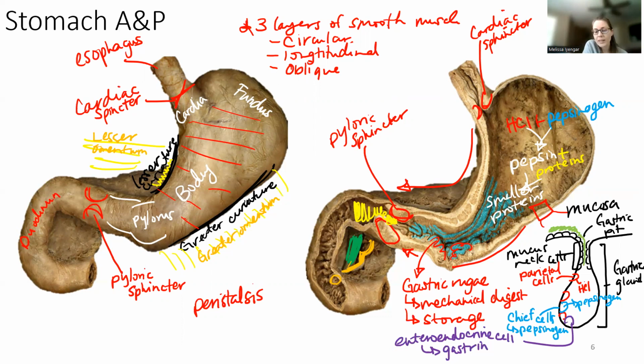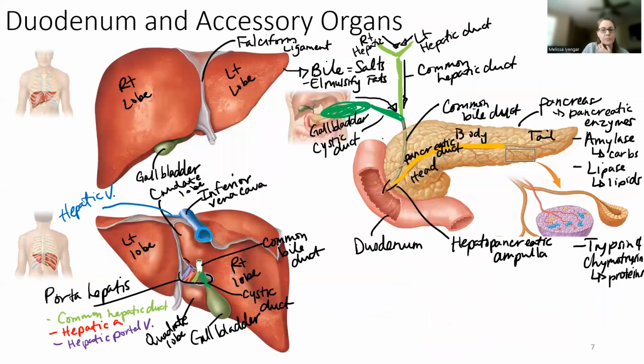So bile then squirts all over the chyme. Pancreatic enzyme squirts all over the chyme. Okay, then you push everything forward with peristalsis. You mix it and give it time to start the chemical breakdown.